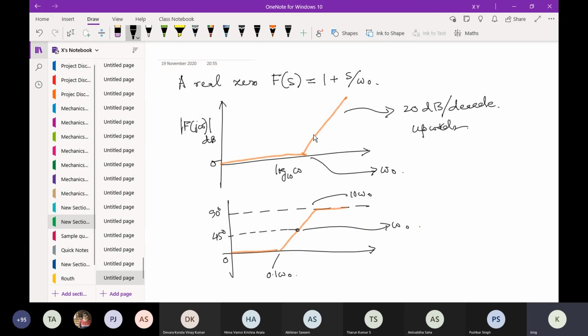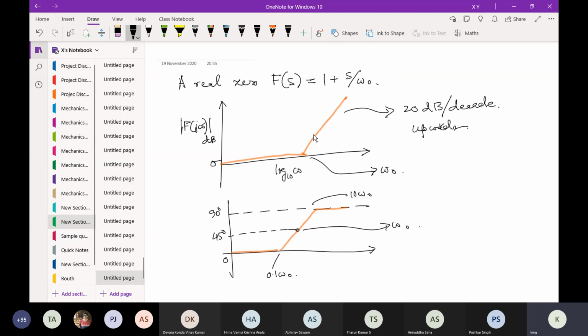This, however, gives you a clue that if you feed your plant a wide range of frequencies and obtain this plot, which is doable, then by superimposing your approximations on that experimentally obtained plot, you can get an idea of how your system's transfer function looks like. You can get a reasonable approximation.